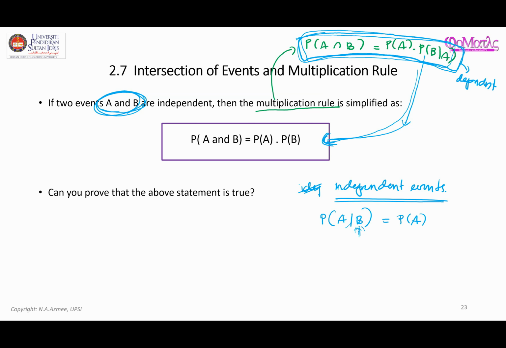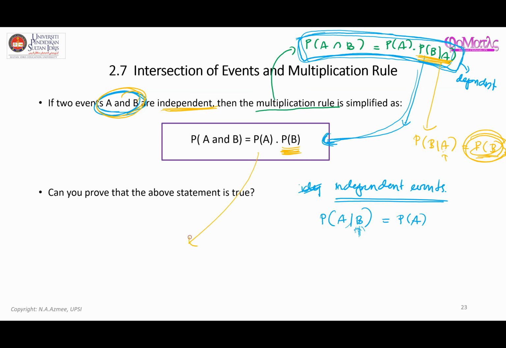So if we have additional information that A and B are independent, the probability of B given A is just equal to the probability of B, because it doesn't matter what happens for event A, the probability is not going to be changed for event B. A is not going to affect the probability of getting event B. Therefore, we can replace the probability of B given A with the probability of B, and that's why we have just the probability of B right here.